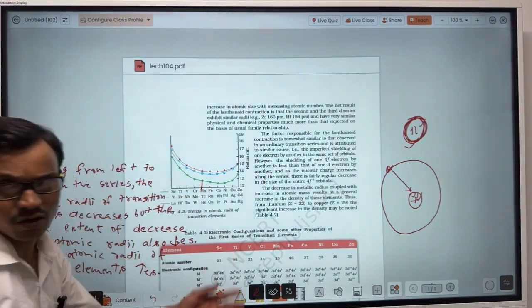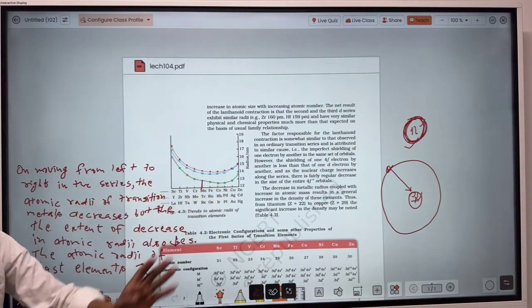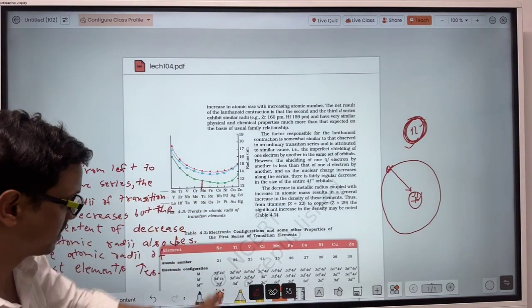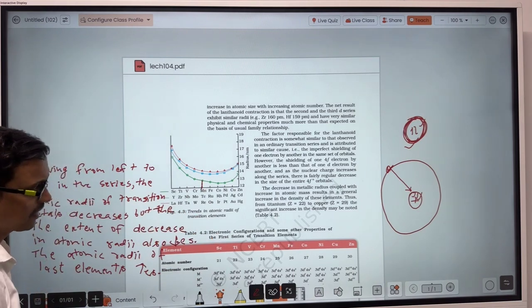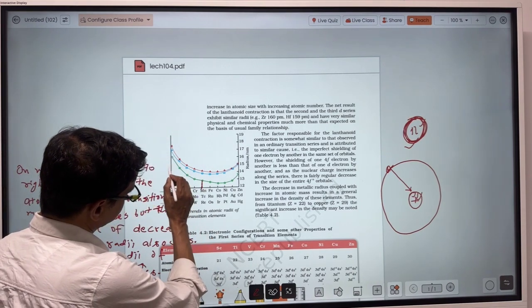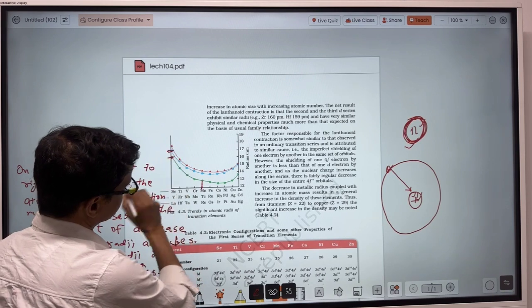That was it. Now one point you can also watch out for by looking at this graph. What happened here? The atomic radii, suppose this element is that much, this element that much.